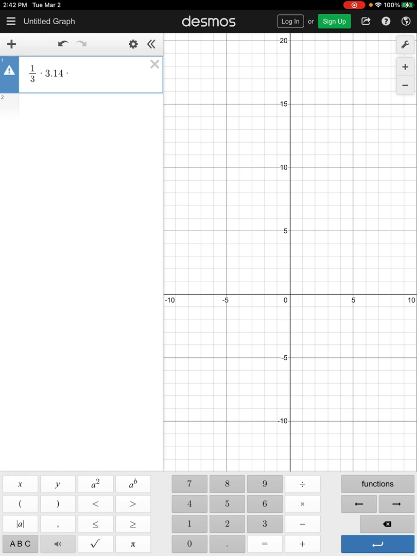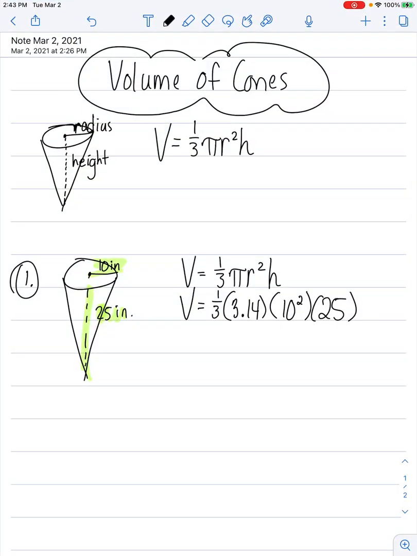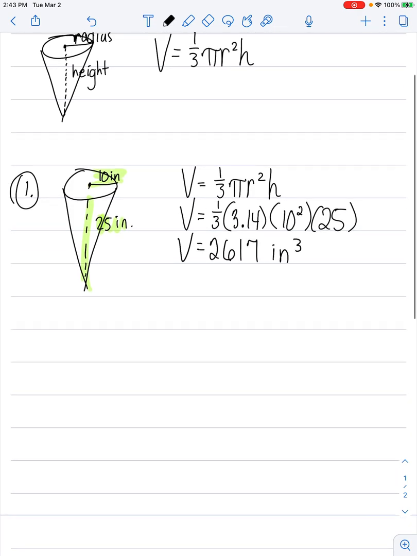And we said our radius was 10 squared times the height was 25. And when we look at that, we get 2616.5. Well, the 5 after it rounds it up to 2617. So my volume is 2,617 cubic inches. So that cone will hold 2,617 cubic inches of something.